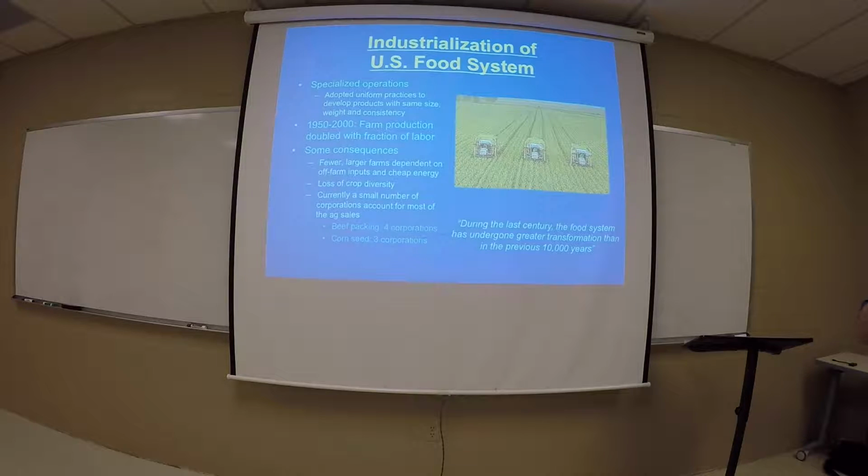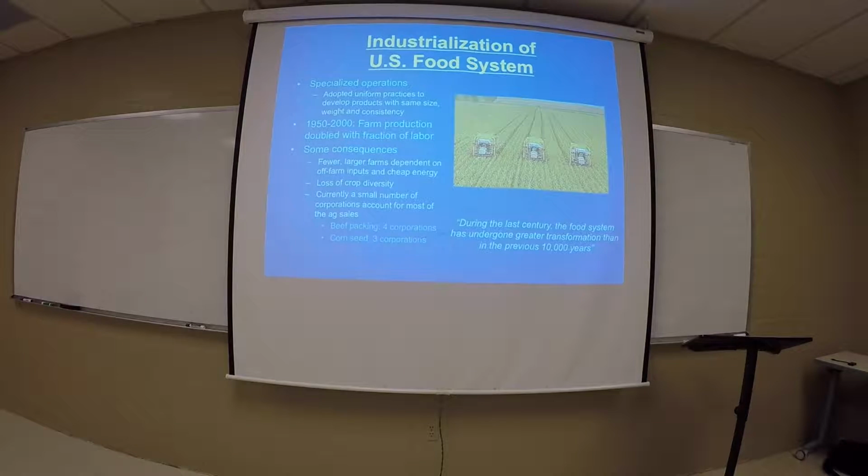They've all combined, and now there's only 4 corporations that control the whole thing. In terms of corn seed sales, there's only 3 corporations that are producing corn seed. So, a very tremendous concentration of the industry.